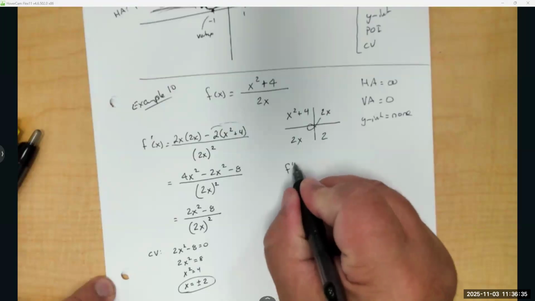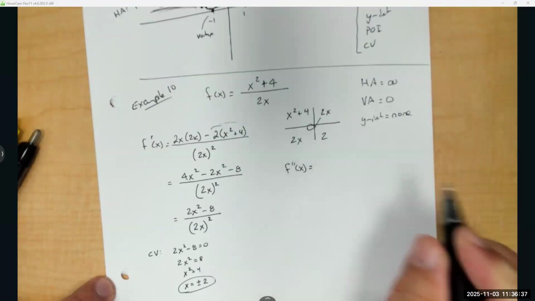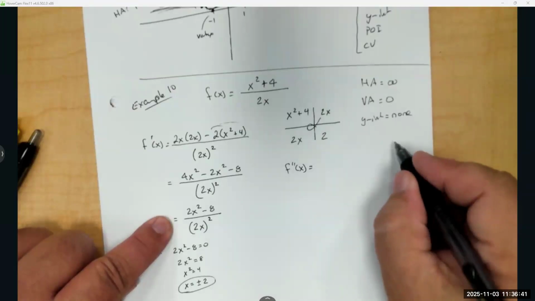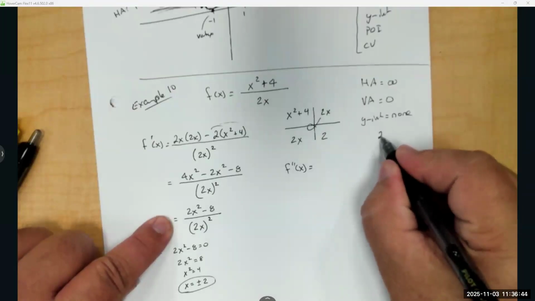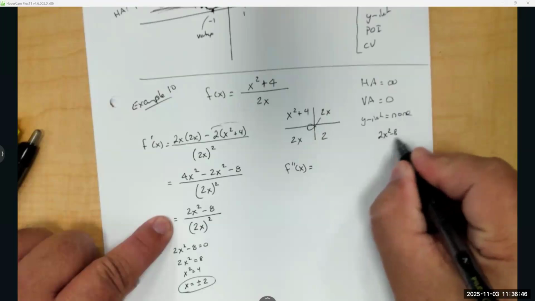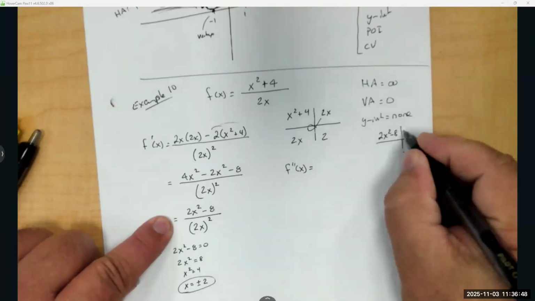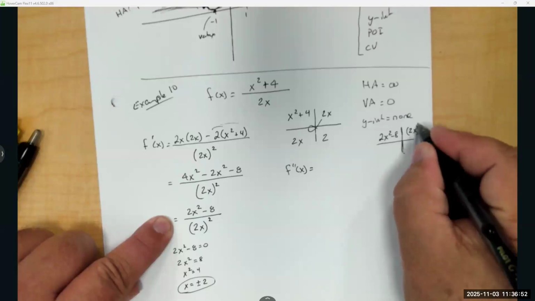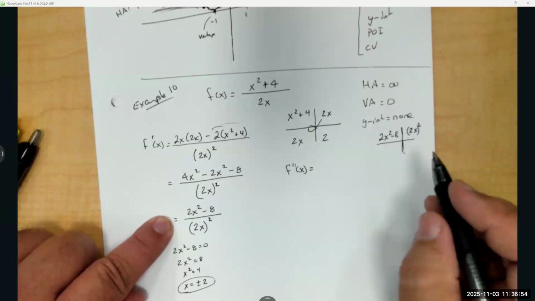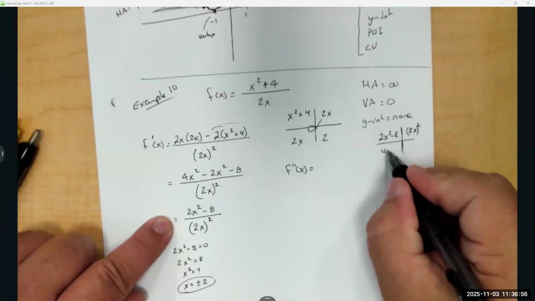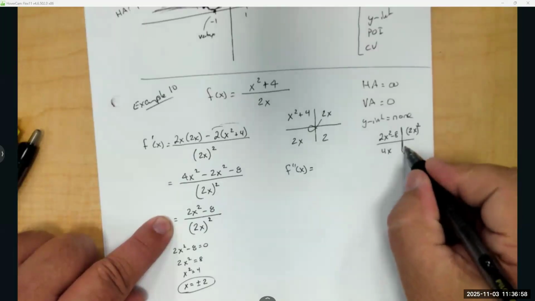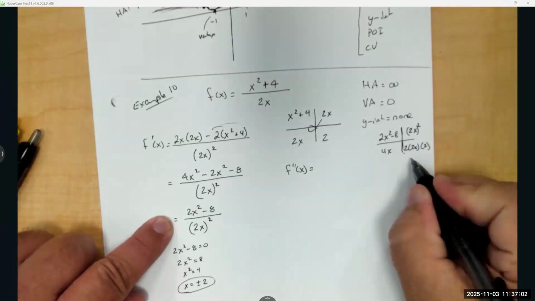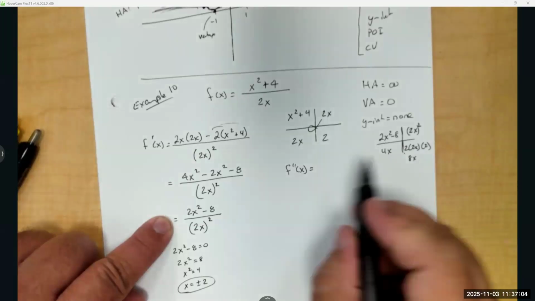Then let's look at our second derivative. We have 2x squared minus 8 over 2x squared, which makes the derivative of the top 4x, and the derivative of the bottom 2x times 2, which makes it 8x.